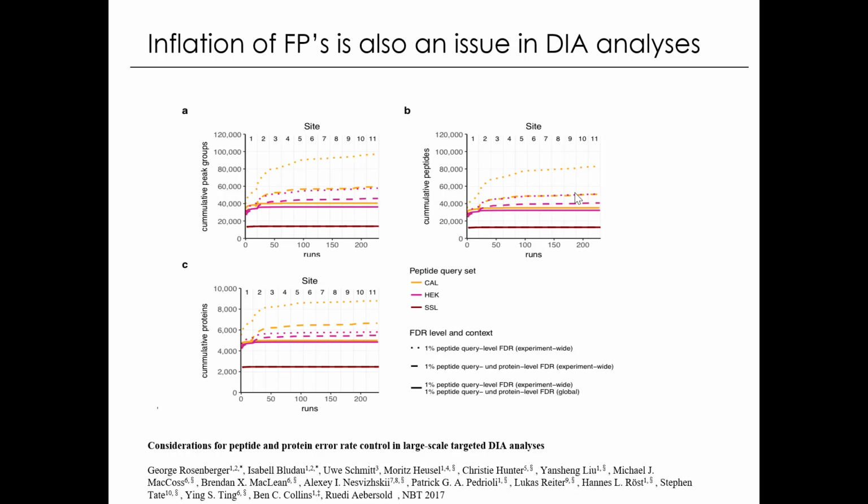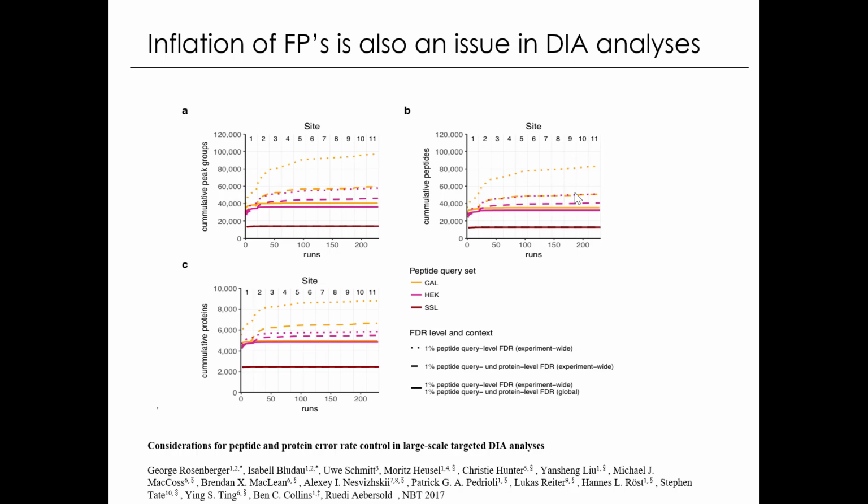And then the people named here, specifically George Rosenberg, generated a controlled system for controlling the false discovery rate. And the upshot is that if you apply this over even very large data sets, we now see the curves nicely stable, so we can add another 100 runs, and the number of wrongly identified proteins remains stable and will not be creeping up.